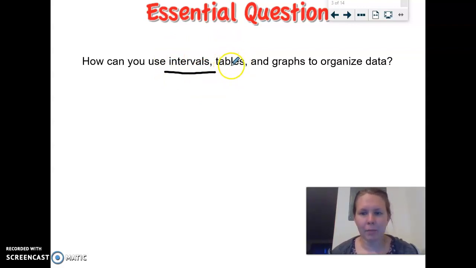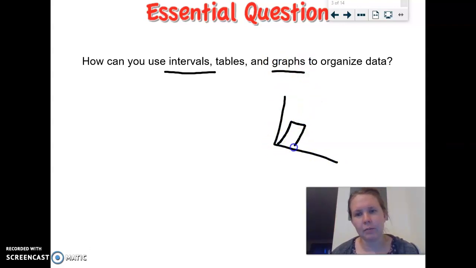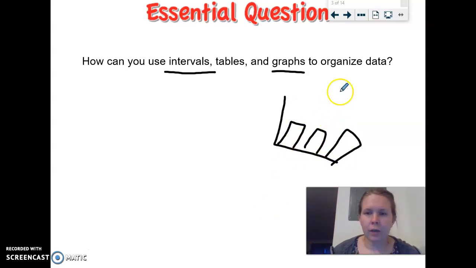We might be presented with a table of data and have to use intervals to make it into a graph. And graphs: this is where we're going to set up a graph, kind of a bar graph looking thing. I'm going to explain the difference between a bar graph and a histogram as we go through here.